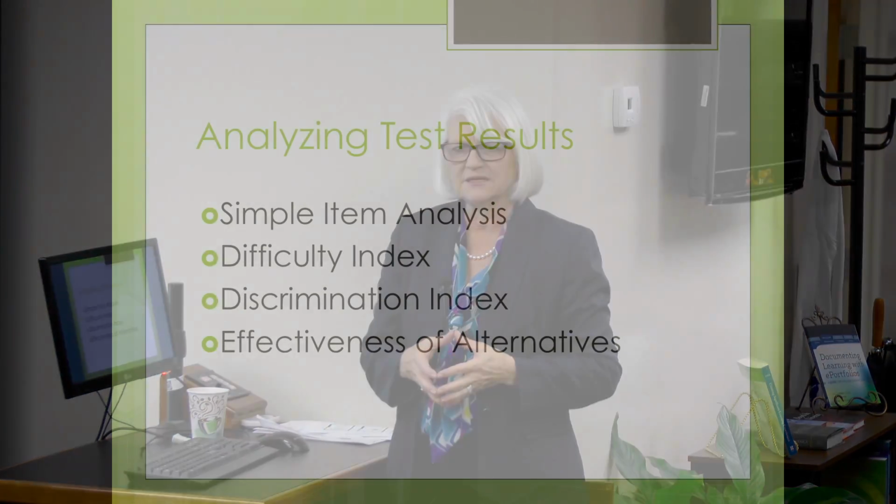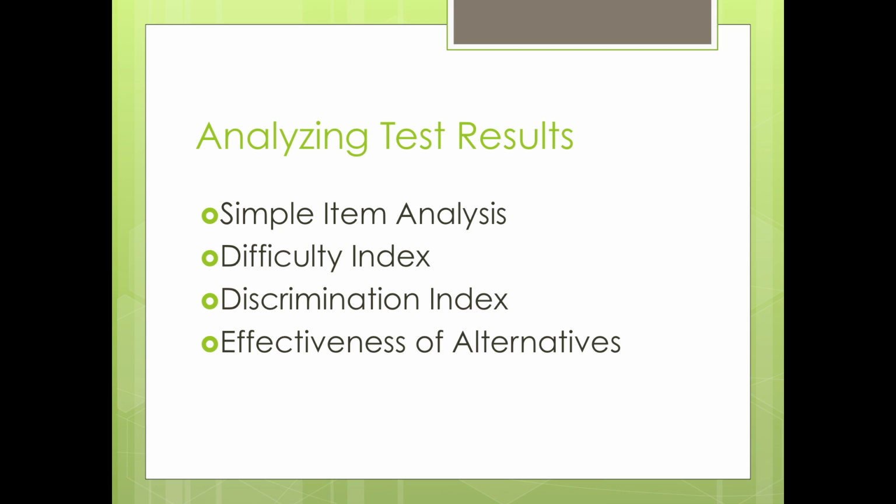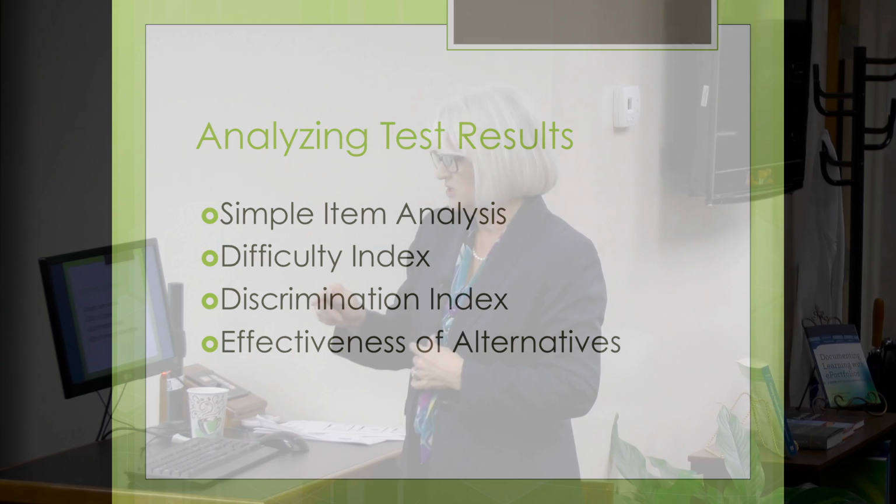Okay, just real quick, we won't have time to get much into this, but you're really assessing your test when you do item analysis. Like Mike says, do you just do a simple count of how many people got number 1 correct, number 2, or do you do a more advanced version?